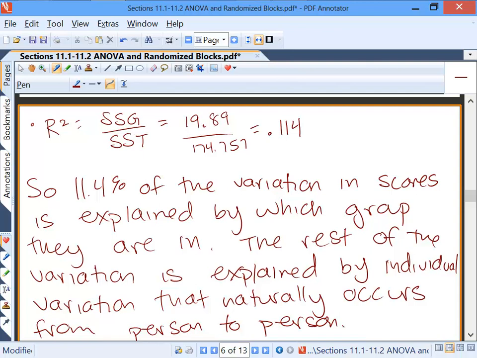So really, which group you're in isn't causing a ton of variation here. So even though we're sure groups have different population means, it's not making that big of a difference. Okay. So it's not a direct translation, but I kind of think of it as the difference between statistically significant and practically significant. It's kind of along those lines.